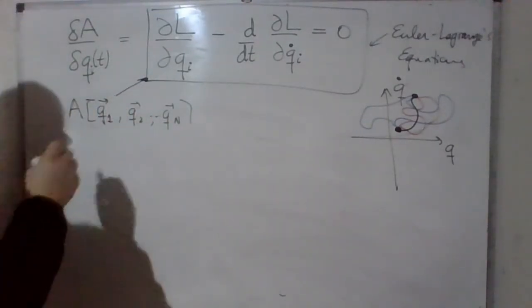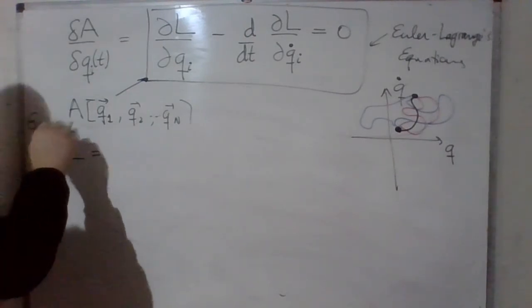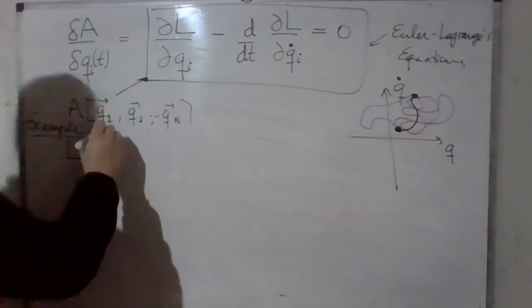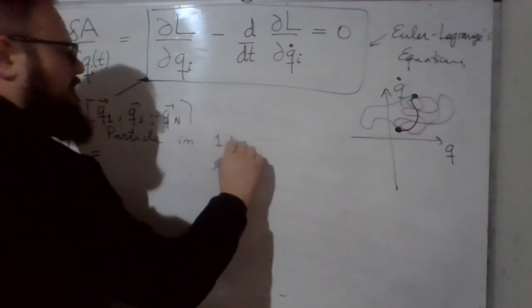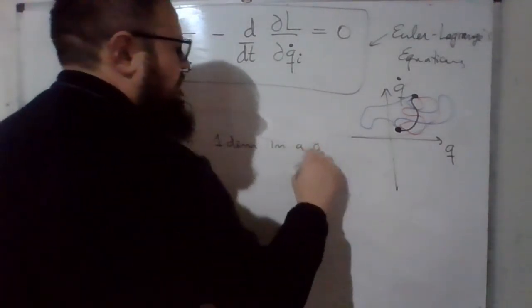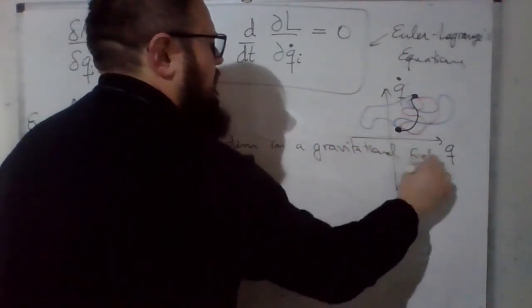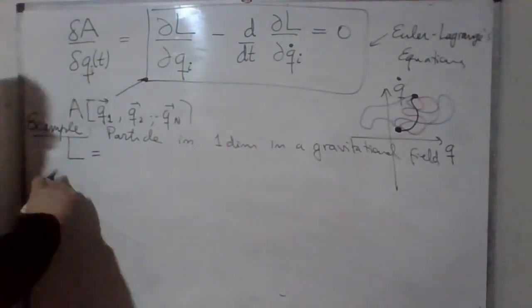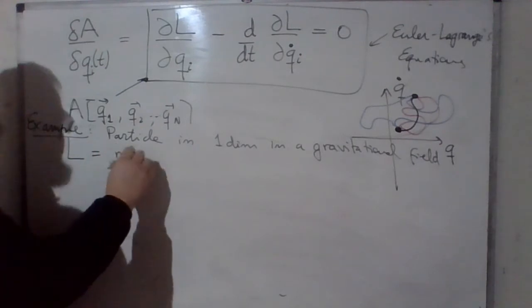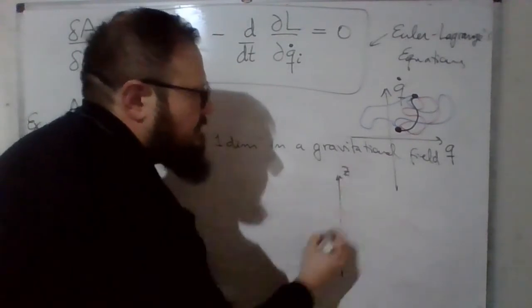So if we consider the Lagrangian, a simple example, a particle in one dimension in a gravitational field. It is a very small gravitational field, not a very weak gravitational field. The Lagrangian would be written as m q dot. Suppose this is the z-axis here.